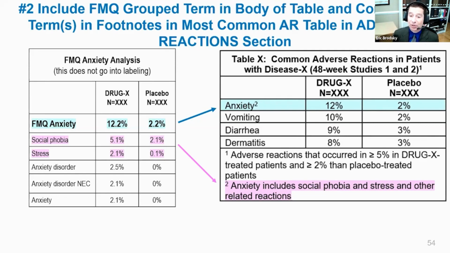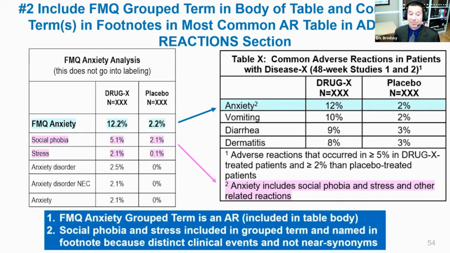And here in the footnote, we include the definition, the criteria, I should say, of how we determine inclusion of the adverse reaction in this table. And you could click through. So the principles, as I stated before, the anxiety group term is included. The social phobia and stress are included not only in the overall incidence, 12%, but they're named in the footnotes.